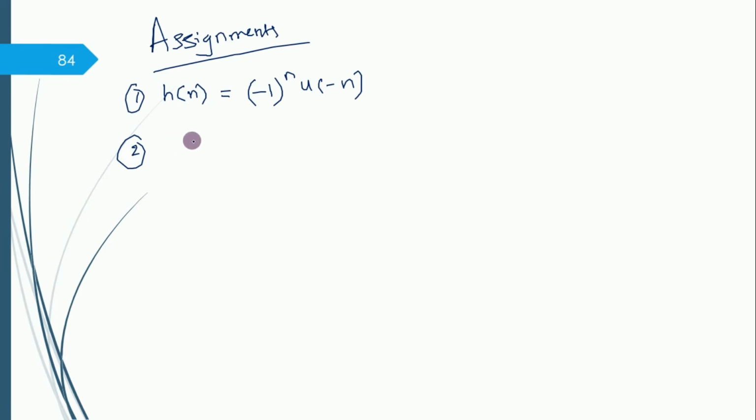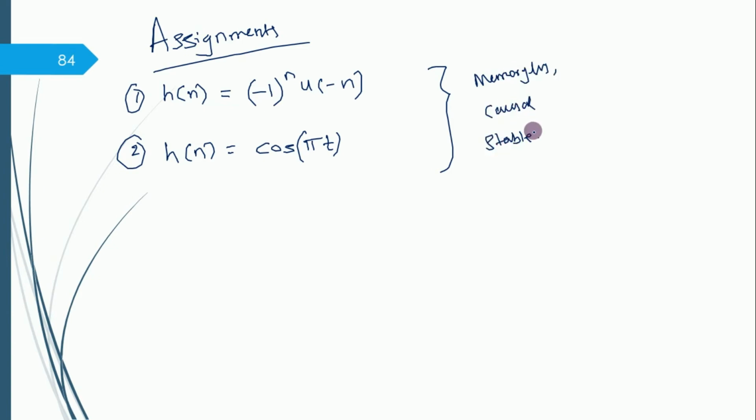The next example being h of n is equal to cos pi t. So these two examples you need to check for memoryless, causality and stability. So this is about the three properties of LTI systems.